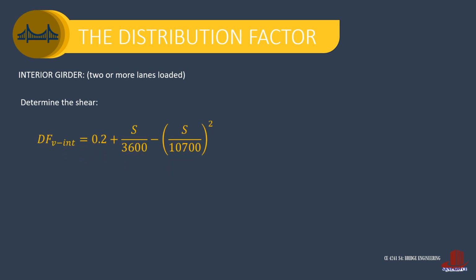The distribution factor for shear is simpler as shown, and using S of 1750 millimeters, DF is 0.2 plus 1750 over 3600 less the square of 1750 over 10,700 or 0.659.